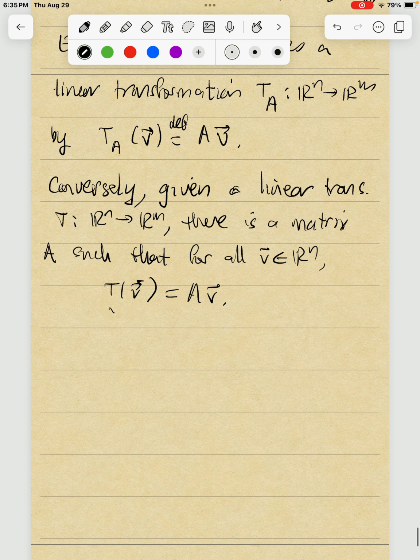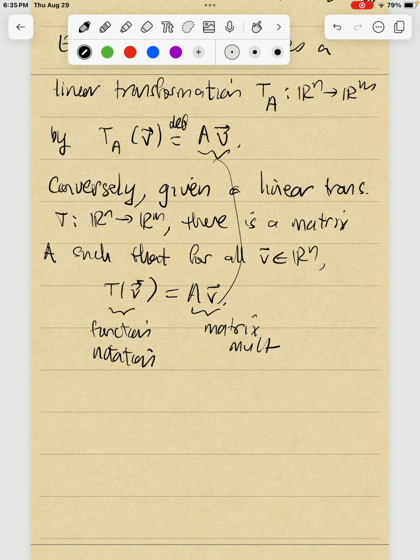Here, T of v is the function notation, you plug v into T, so to speak, and this notation is matrix multiplication. It's A times v.